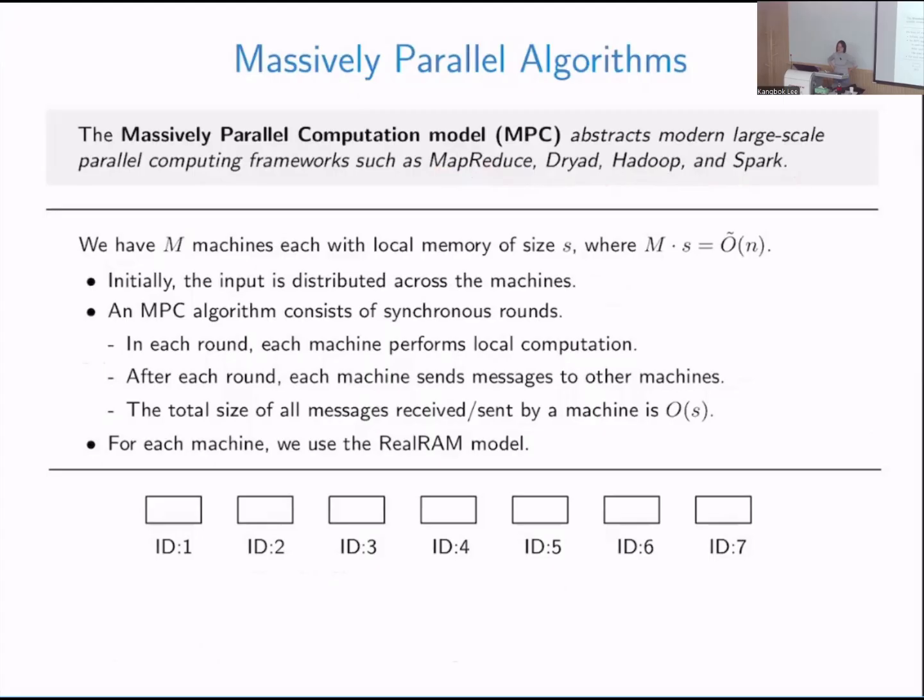Now the bottleneck becomes the communication among the machines, not the local computing. If the data is very large, and our machine has a small-sized memory, then we want to design an algorithm that uses many different machines. In this case, we can use this model.